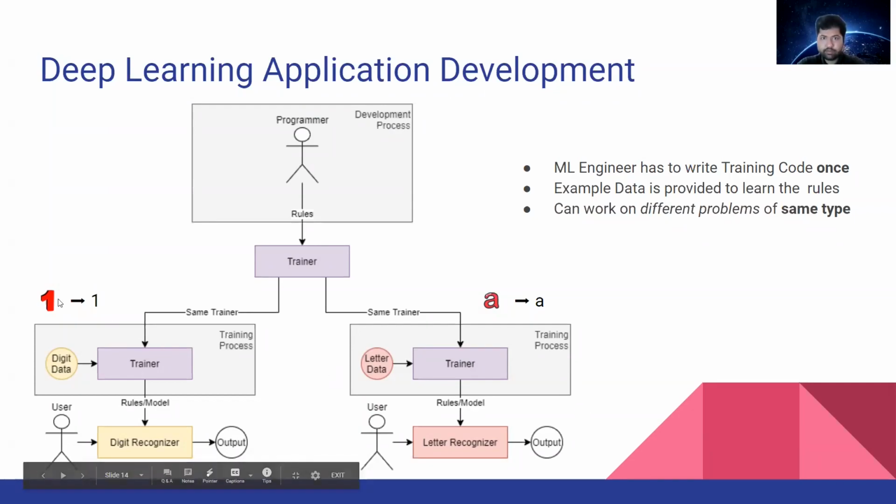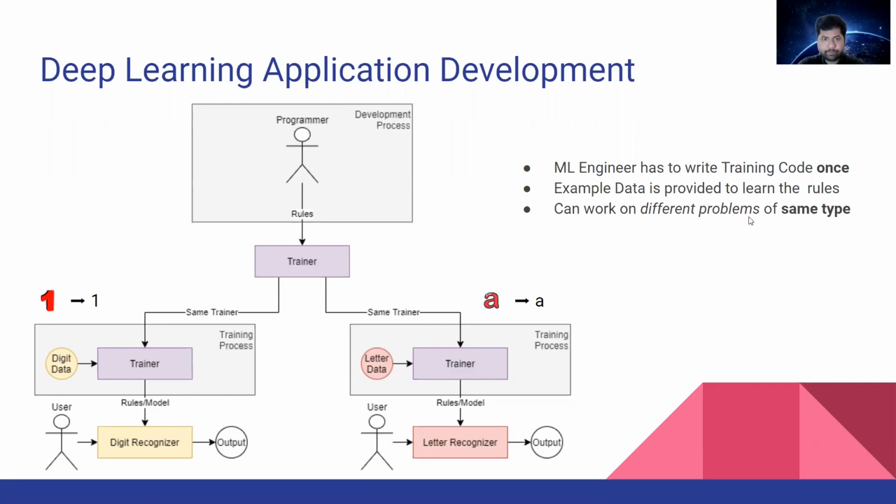For example, if you want to build an application which recognizes digits, you give it lots of images of digits, let it train on the same trainer, and we have a digit recognizer app. Similarly, if you want to build an app which recognizes letters, you give the data to the trainer, and the trainer learns the model and generates a program that does the letter recognition. Now the work is reduced in terms of development.